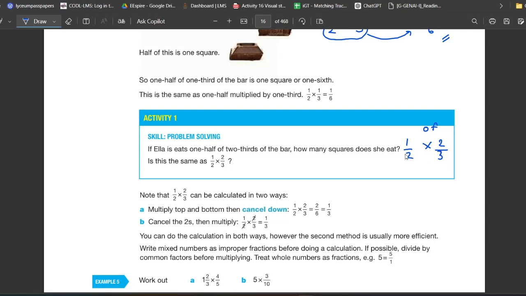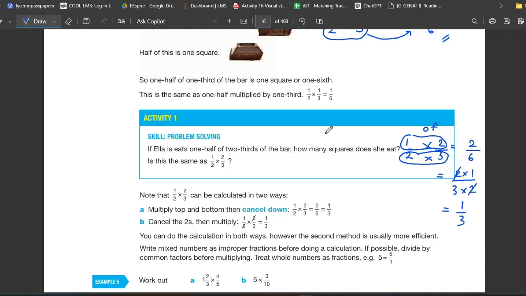And we can multiply this similarly. These two becomes 2 and these two multiplied becomes 6. So now you can see there are common factors. 3 times 2, so these two cancel out. Now it is 1 over 3.